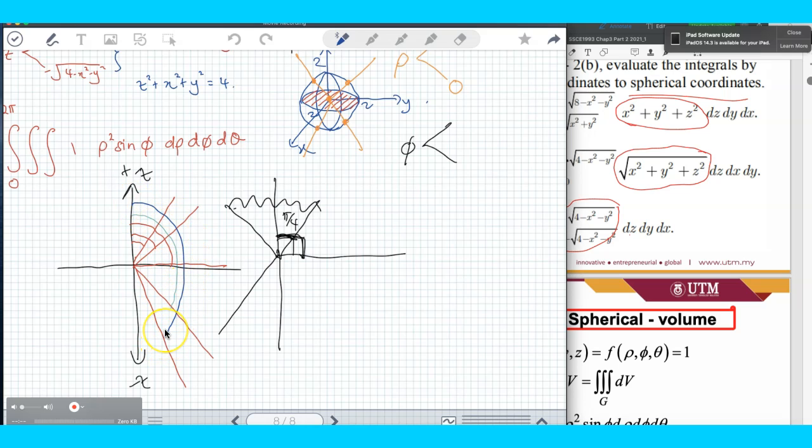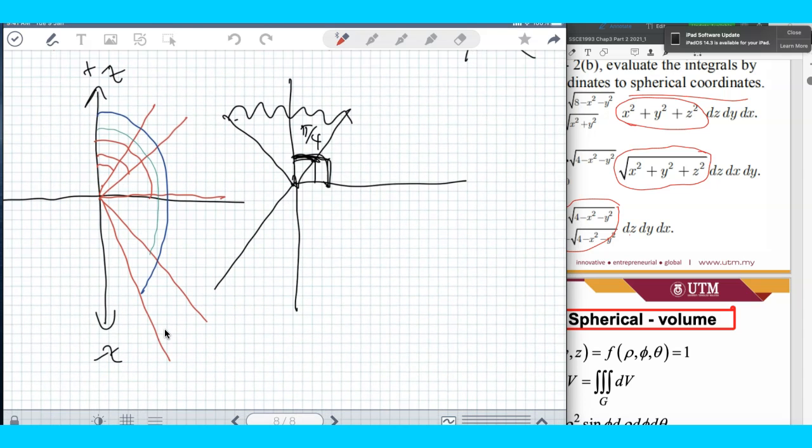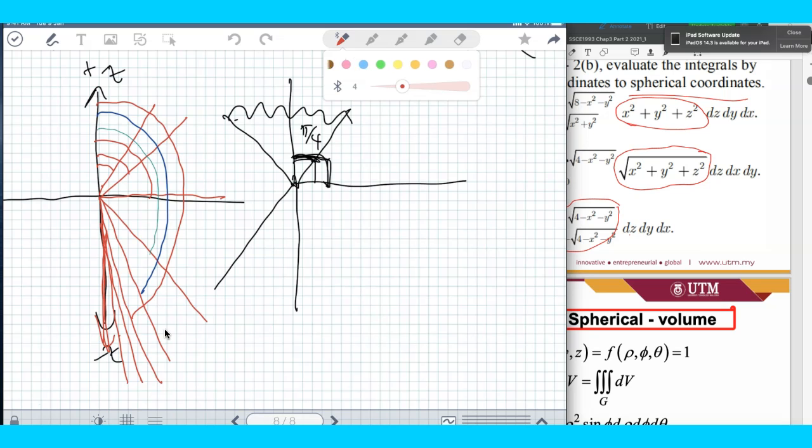And if I draw another line, and another line, approaching the negative z-axis, as you can see, this phi becomes larger and larger, approaching phi equal to what?